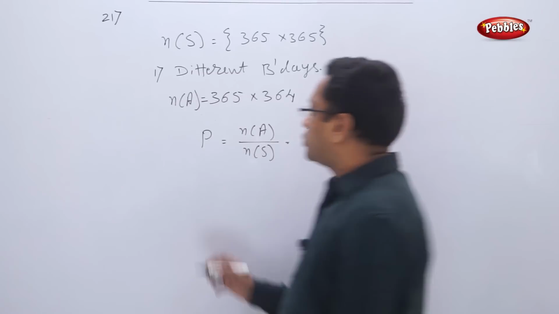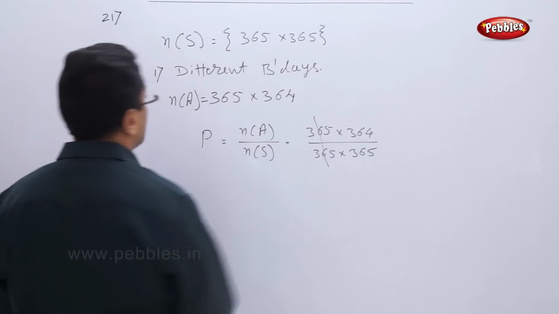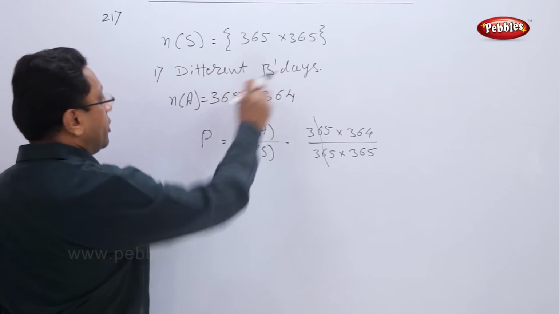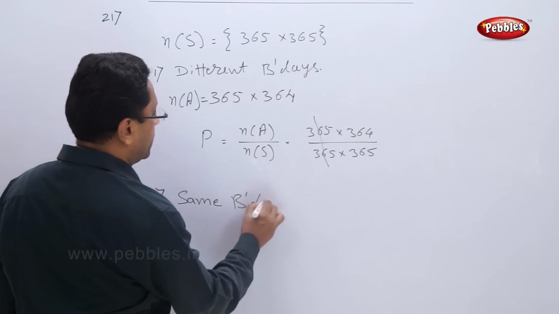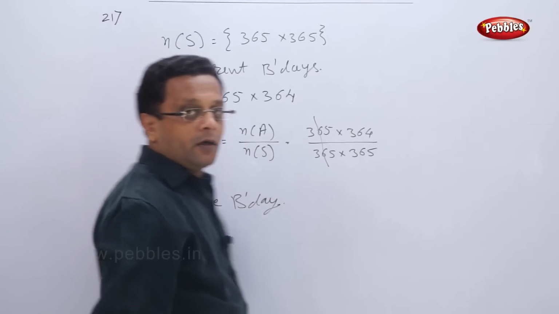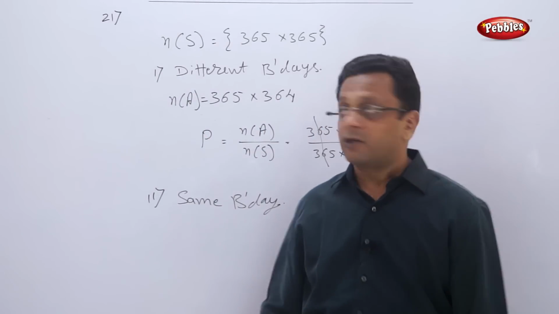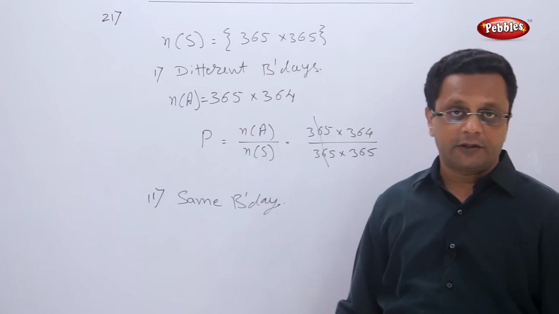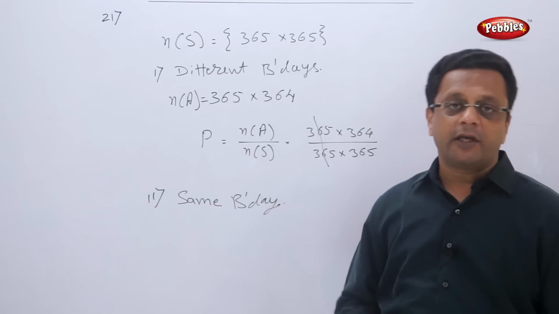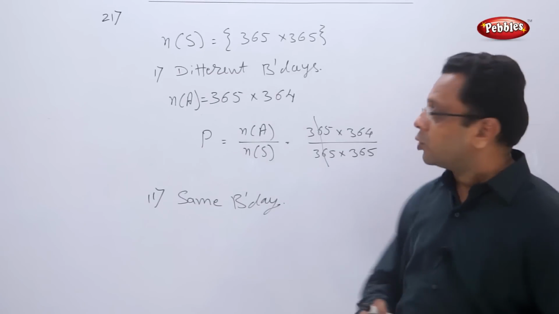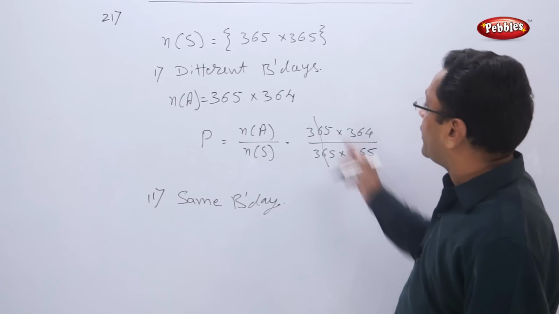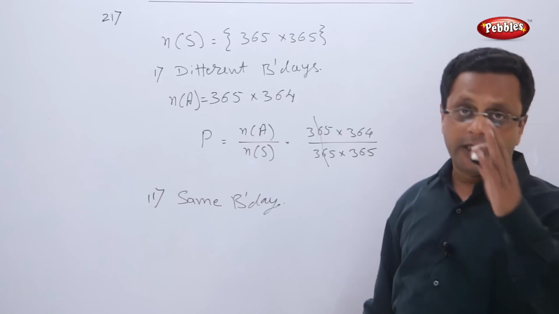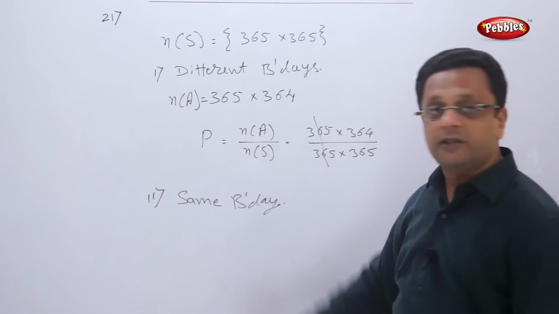Now about case 2. What is the probability of having the same birthday? Now in this case we don't have to calculate by taking NA or NS. The total probability will be equal to 1. So if you subtract the probability of having different birthdays from 1, you will get the probability of having birthdays on the same day.